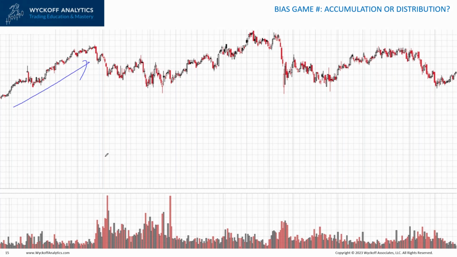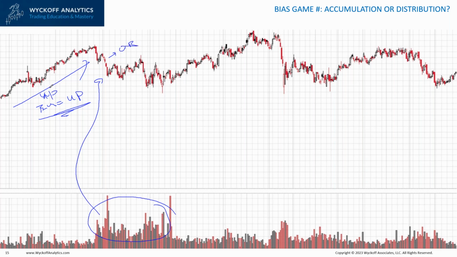What is the immediate background? Up. So the bias here is still to the upside. Okay, something very interesting right away catches my eye. So much volume signature. And what happens on this volume signature? Change of behavior.